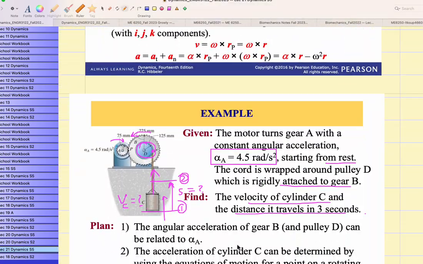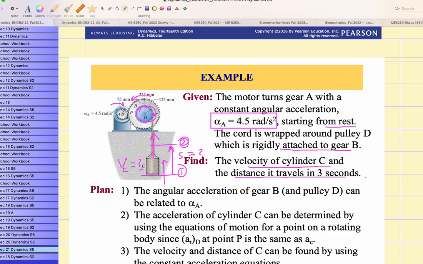If you take a look closely, there is a meshing point. Always start from the meshing point, because the velocity at the meshing point of the two gears is the same for both gears.